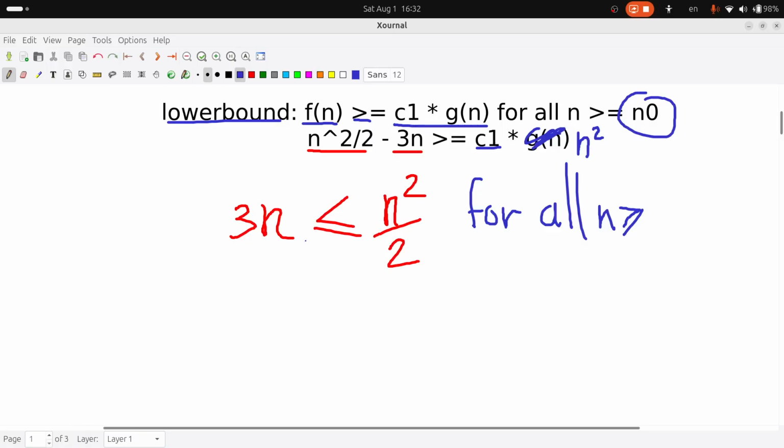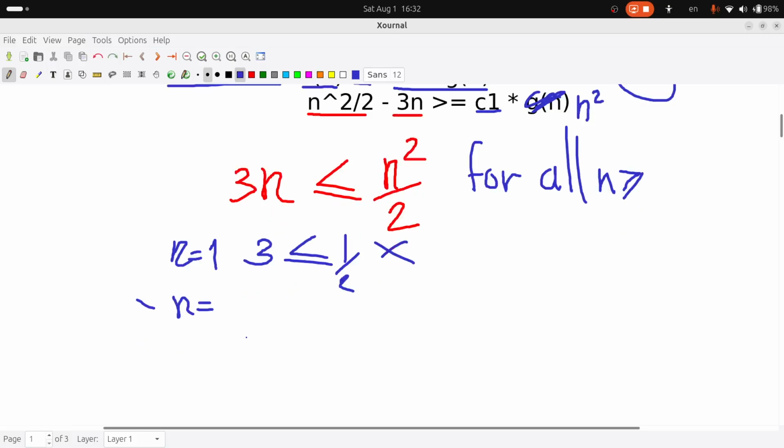What is the starting point such that 3n is greater than or equal to n squared divided by 2? So for n equal to 1, it is 3 compared to 1/2. Oh, this is false. Let me try some other starting point.